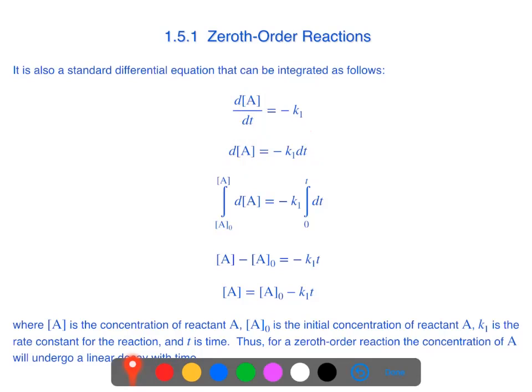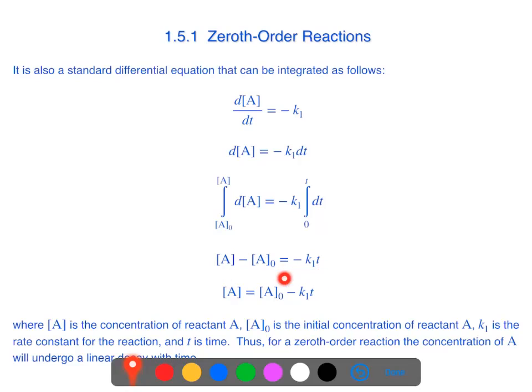So if we integrate both sides, on the left, we integrate with respect to the concentration of A, from some initial concentration of A to some final concentration of A. And on the right-hand side, we integrate the time from t equals 0 to some time t. k1, the rate constant being a constant, we can take in front of the integral. So if we integrate both sides, we end up with A minus A naught equal to minus k1t.